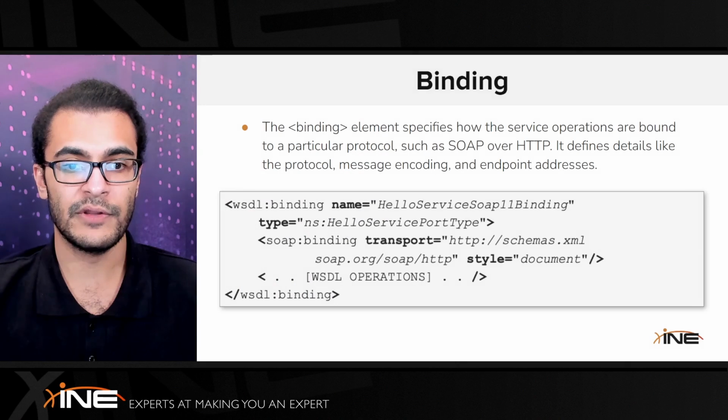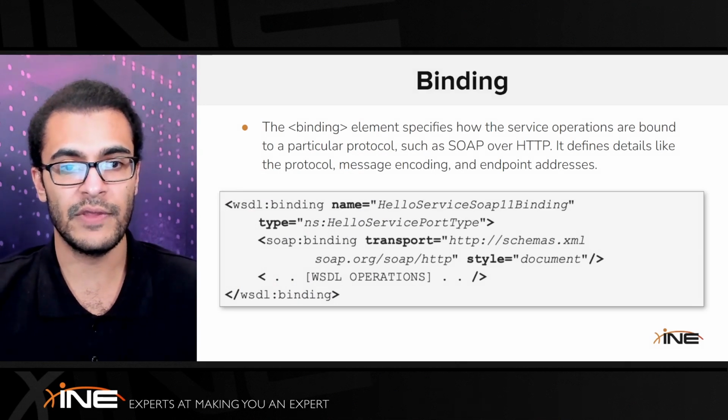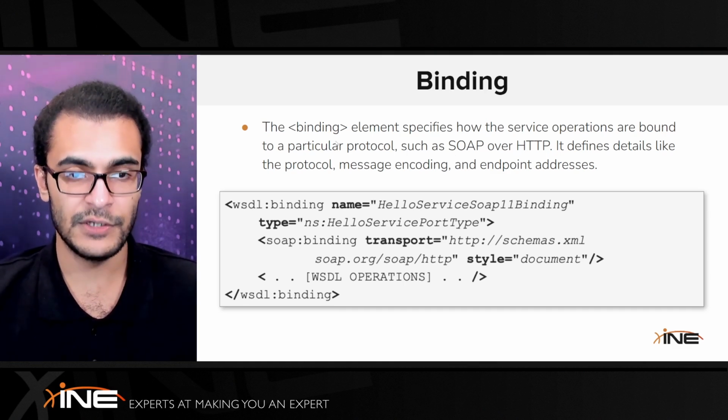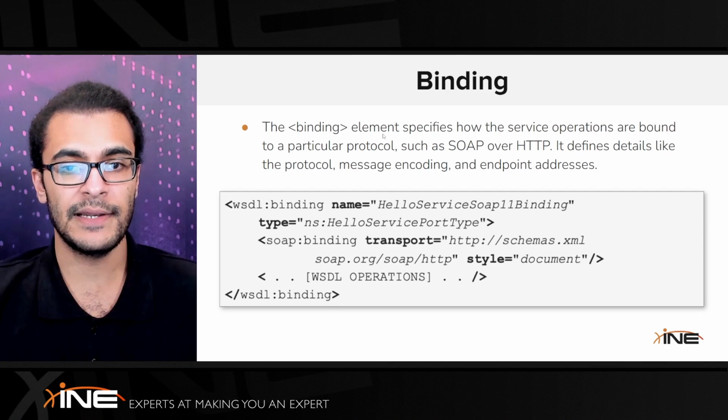So those are the components. Now let's take a closer look at them with examples. In the case of the binding element, I'll just go over the definition one more time. The binding element specifies how the service operations are bound to a particular protocol, such as SOAP over HTTP. It defines details like the protocol, message encoding, and endpoint addresses.